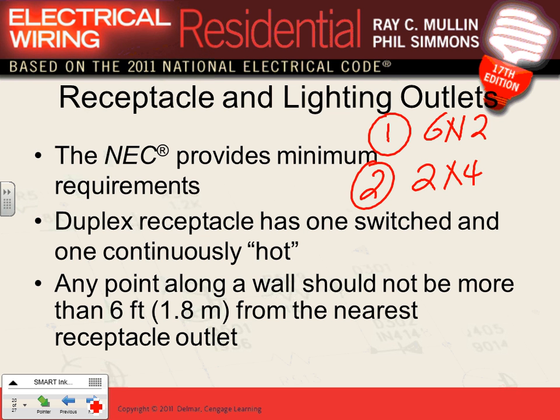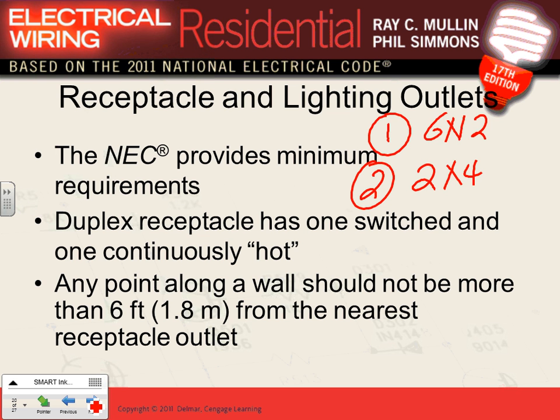You grab the edge of the door, you measure 6 feet and put the first receptacle, then measure 12 feet and put the second receptacle, 12 feet, 12, 12, all the way to the end. When you reach the other door, make sure you're not further than 6 feet away from it. Everybody understand that rule? And you grid your 15 or 20 amp receptacles. Typically 15, but you can use either.